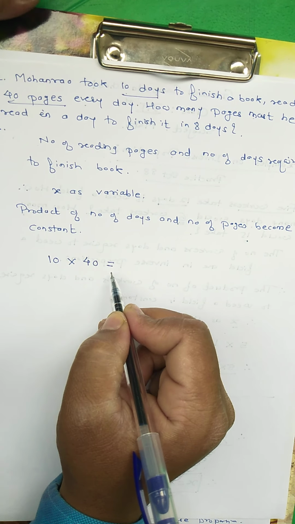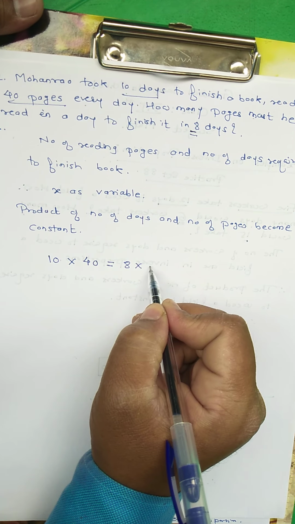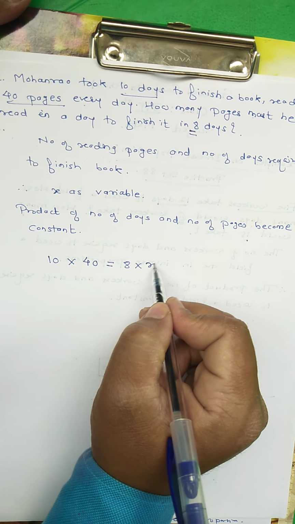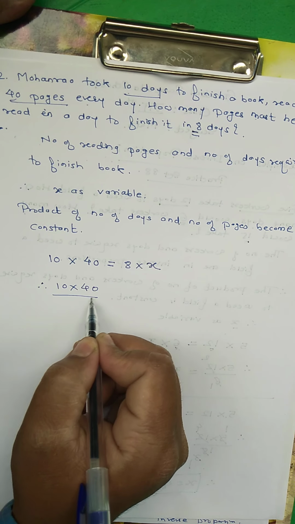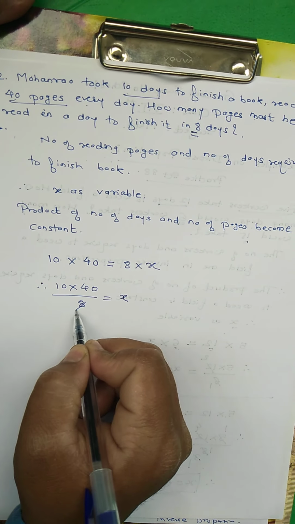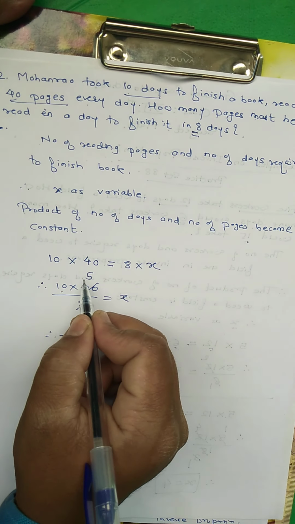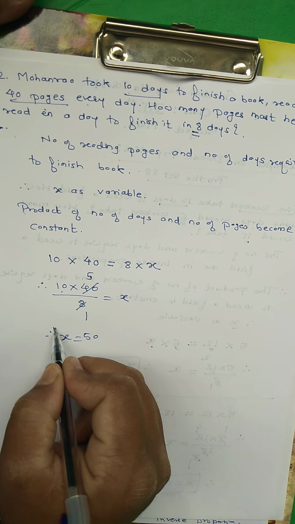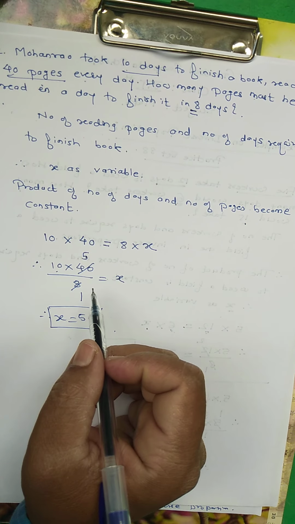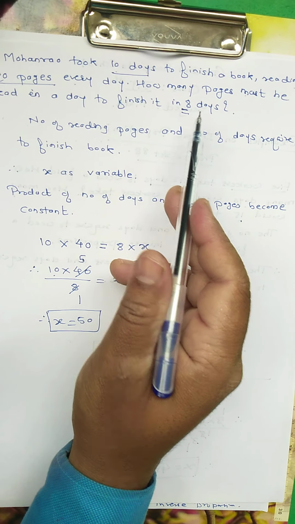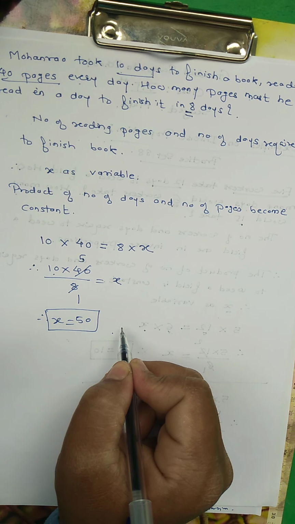So in the second case, days are given as 8 into pages that we are going to find out, considered as x. Okay, so again 10 into 40 divided by 8 is equal to x. Now we know that 8 ones are 8, 8 fives are 40, so x is equal to 10 fives are 50. Means if Mohan Rao wants to finish that book in 8 days, he needs to read 50 pages every day.